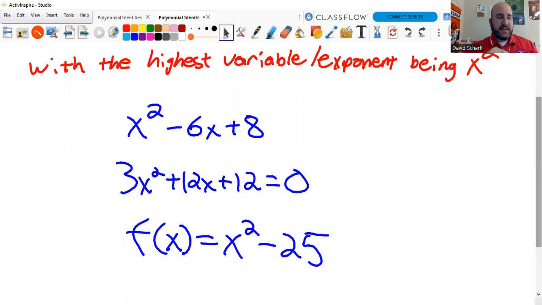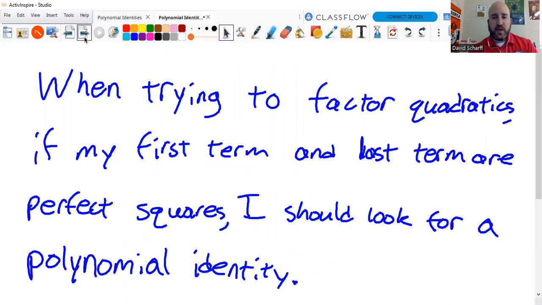I have something that has x squared. Again, it's my highest exponent. There's no x cubed, x to the fourth, anything like that. So when we're trying to factor a quadratic, you can look for certain patterns.